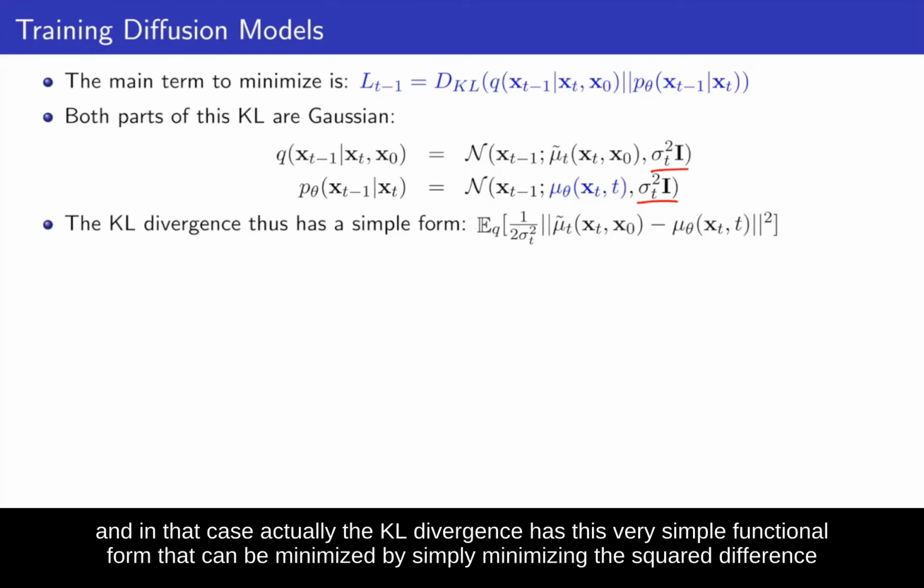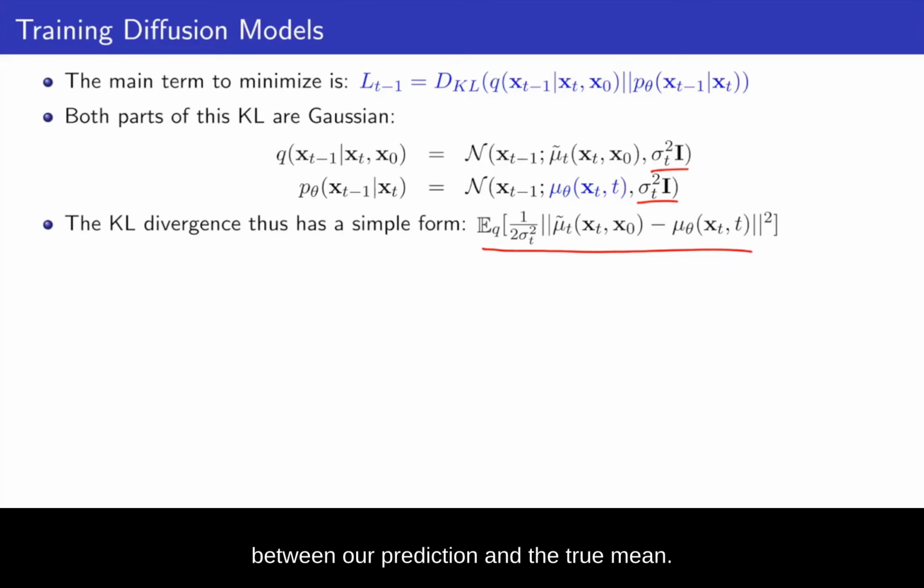In that case, the KL divergence has a very simple functional form that can be minimized by simply minimizing the squared difference between our prediction and the true mean.